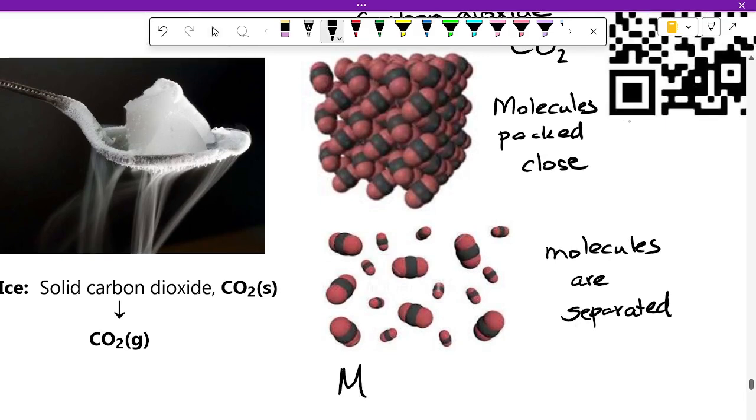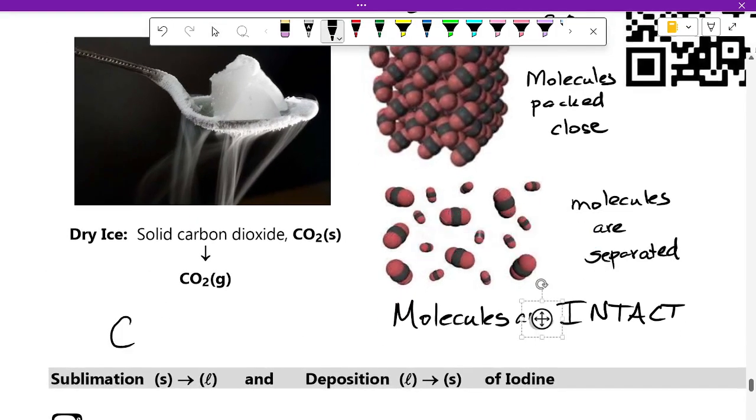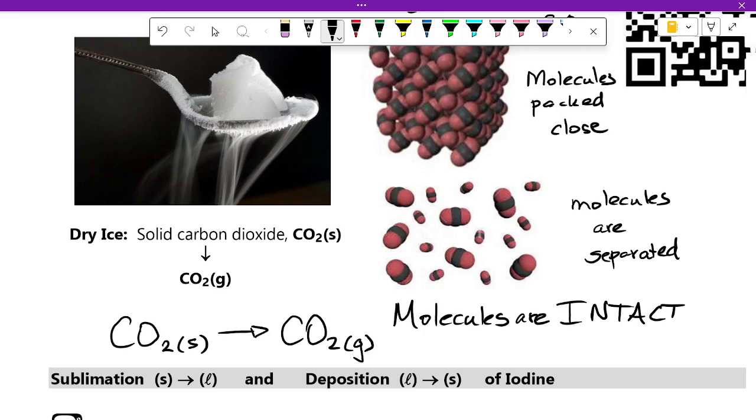Yeah, molecules are intact. So if we were to write what's happening here, we would write CO2. We started as a solid. We still have CO2, and we finish as a gas. But the molecules haven't changed at all. The molecules are the same as before, so that's why it's a physical process.